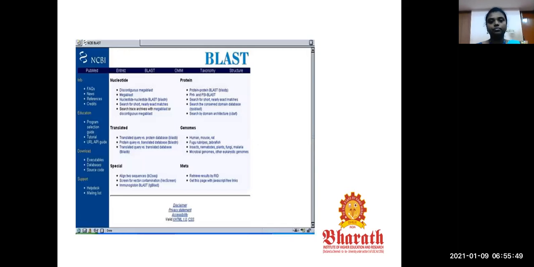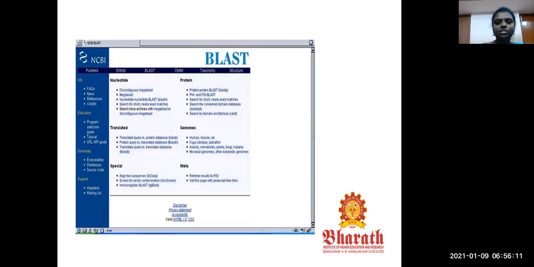Look at this. This is the web page or software to identify different kinds of proteins, genes, DNAs, etc. If you see, there are nucleotide, protein, genomes, translated, and so on.